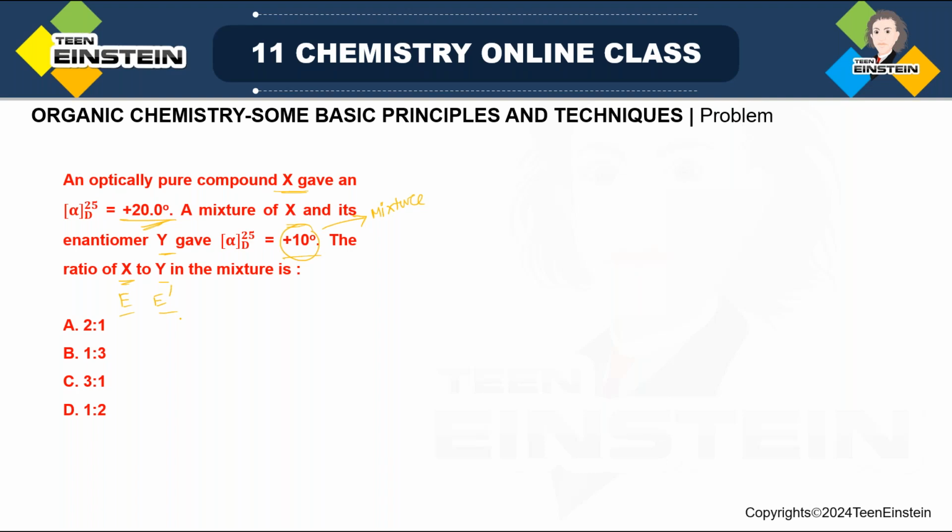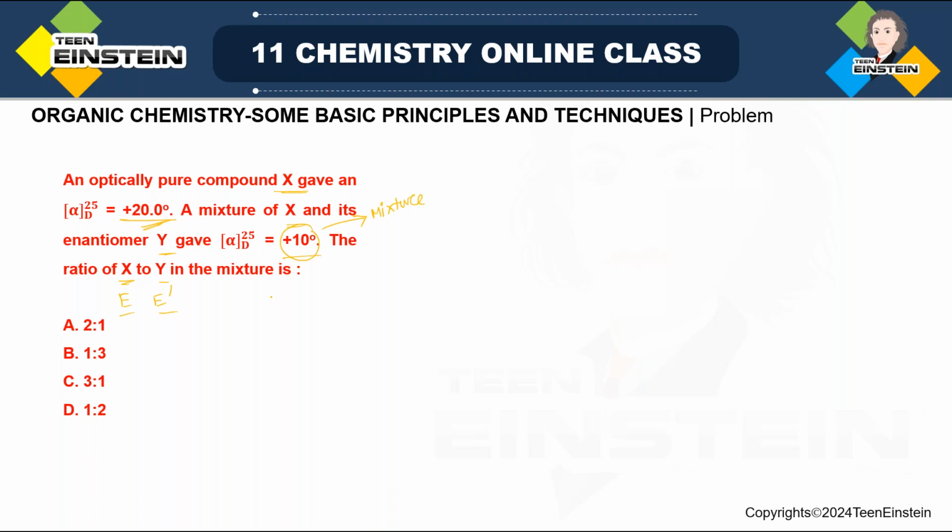In the previous problem, the same information was given, but ultimately it asked for the optical purity, which you can get directly by taking the ratio and multiplying by 100. But in this case, it is not so direct. It is asking the ratio of X and Y, not the optical purity.